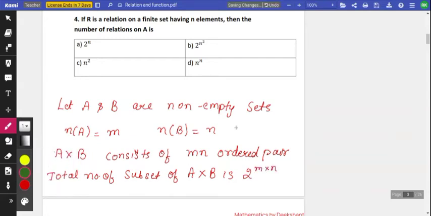In this question, m and n are equal. Therefore, the correct answer is 2 to the power n multiplied by n, which equals 2 to the power n squared. So the correct answer is option B.